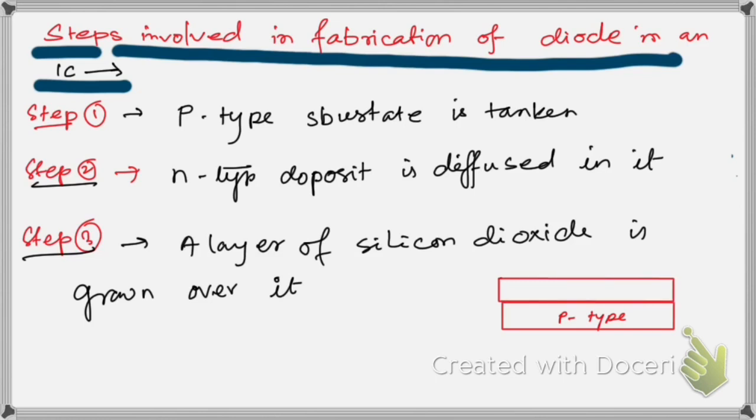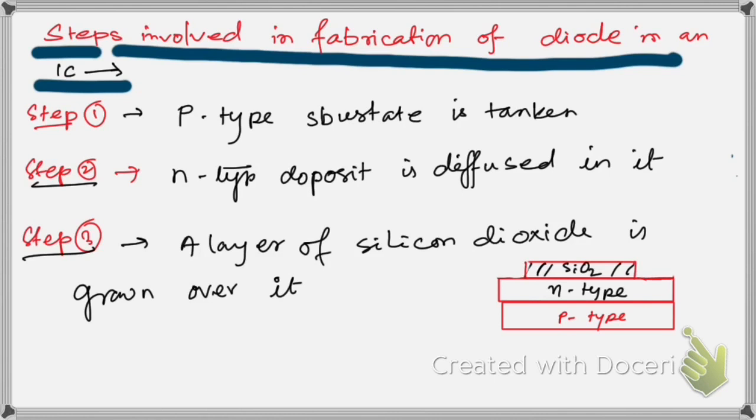This is the n-type deposit. Then a layer of silicon dioxide is grown over it. This is the silicon dioxide layer. Then this layer is etched off from these two sides.